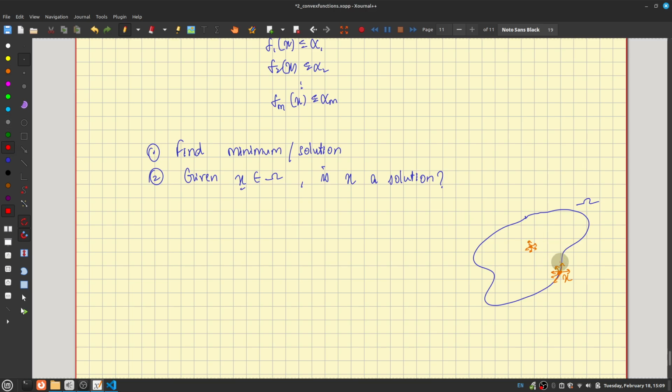So directions that take you outside omega are not valid directions to consider. So I'll define this notion of a feasible direction.